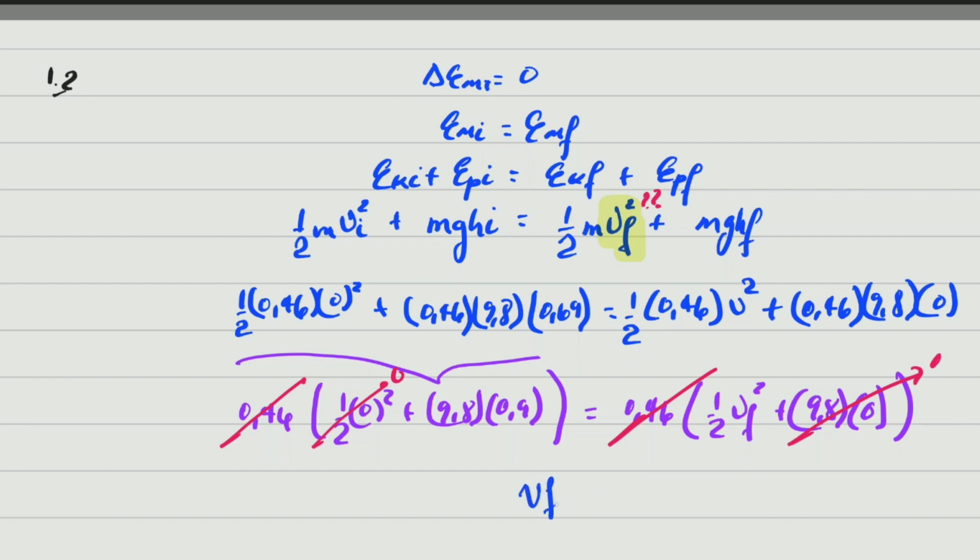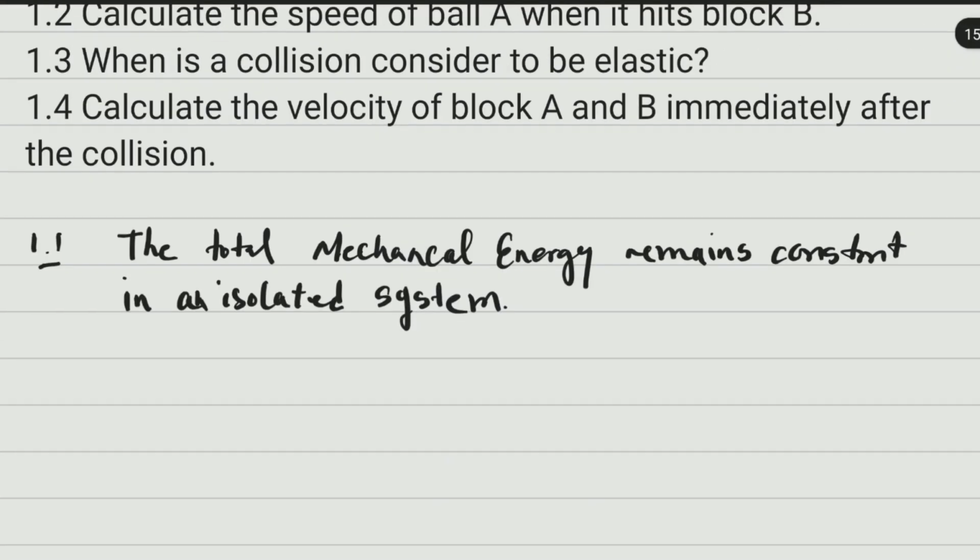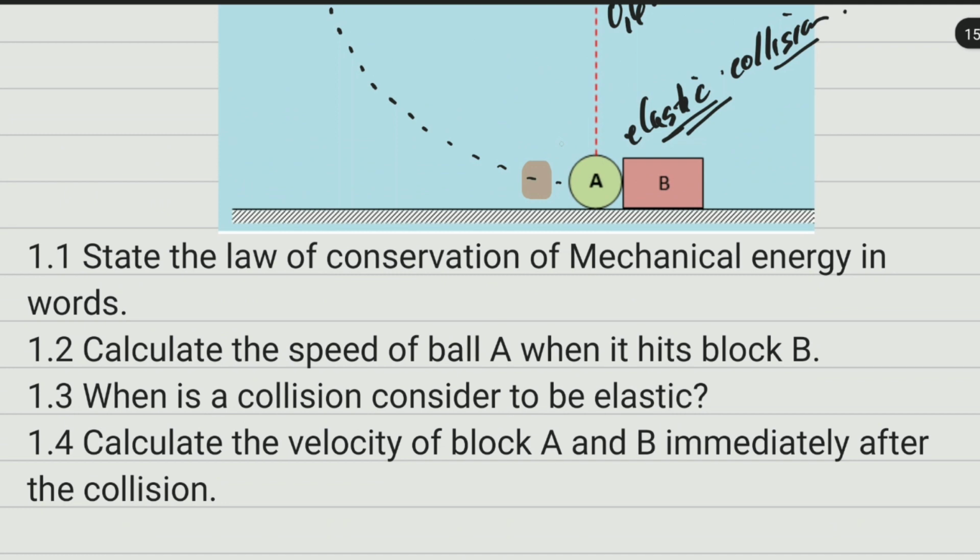So the final velocity of ball A is going to be equal to 3.68 meters per second, and that is the speed of ball A when it's here. Let's write it there: speed A is equal to 3.68 meters per second, and note the speed there will be in that direction. That is the direction of speed A.